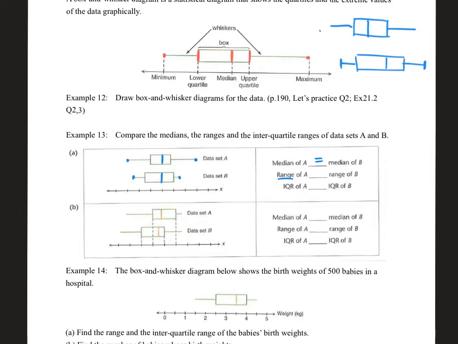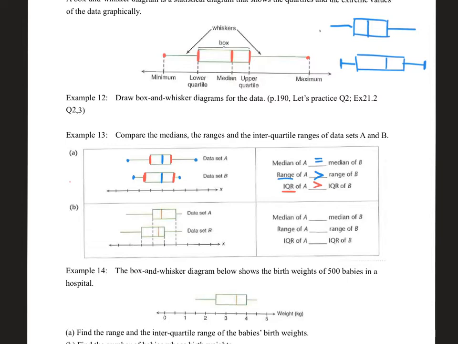Definitely, the range of A is greater than the range of B. Similarly, the interquartile range, IQR, is Q3 minus Q1, and the larger one tells you the larger IQR. So that's why the IQR of A is also greater than the IQR of B. Part B, I will leave it for you.